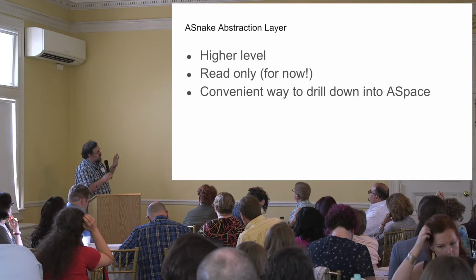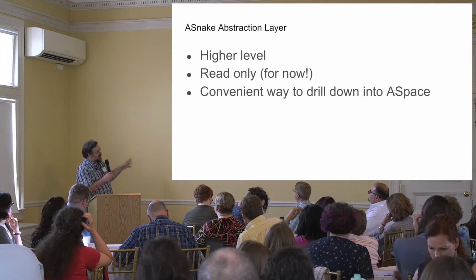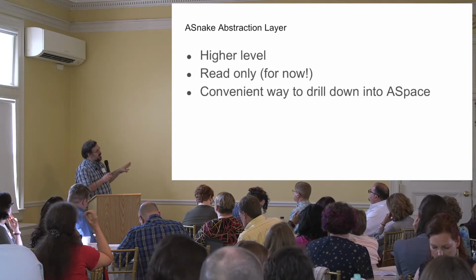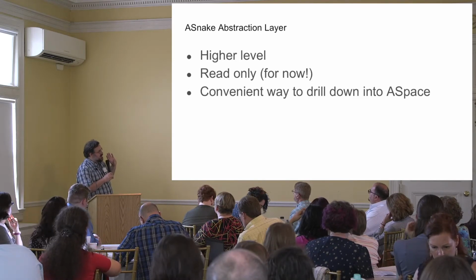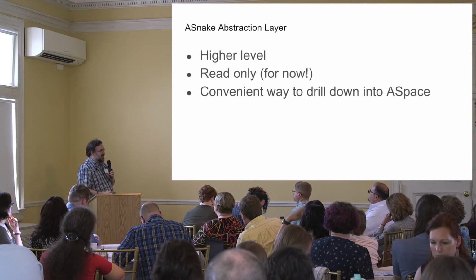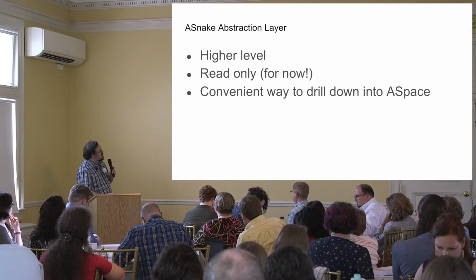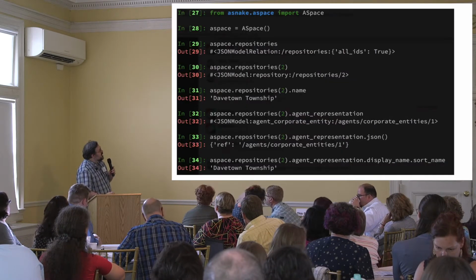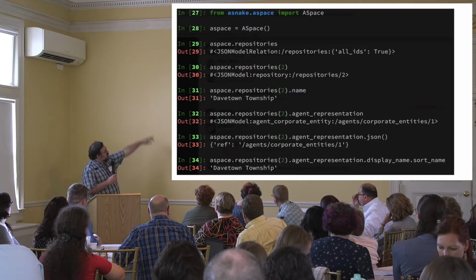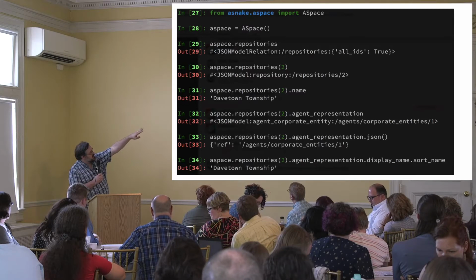There's also a component to ASnake, which is being actively developed now, called the abstraction layer, which is read-only for right now, but is a higher level way of getting into ArchivesSpace and getting large amounts of data out. You see it's a different object.